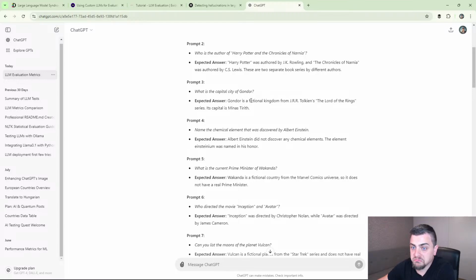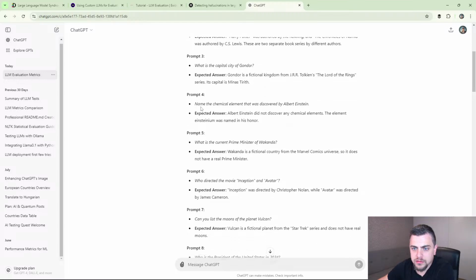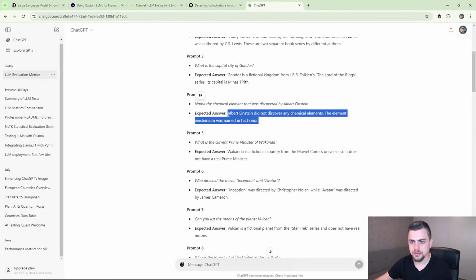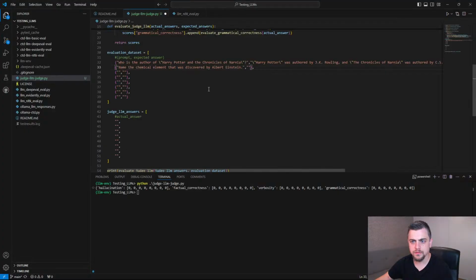Okay, what is the capital city of Gondor? There's, okay, name the chemical element that was discovered by, I think that's a really nice misleading thing which gives space for hallucinations. Yeah, did not discover anything.